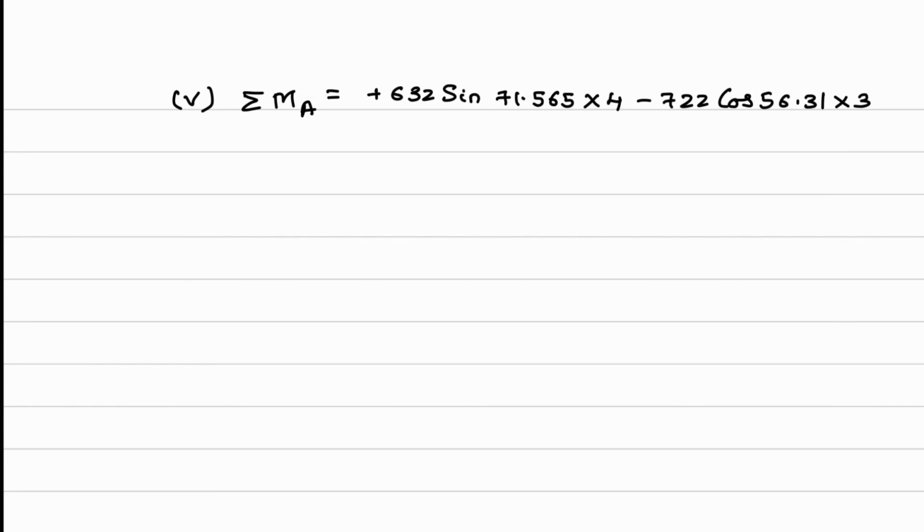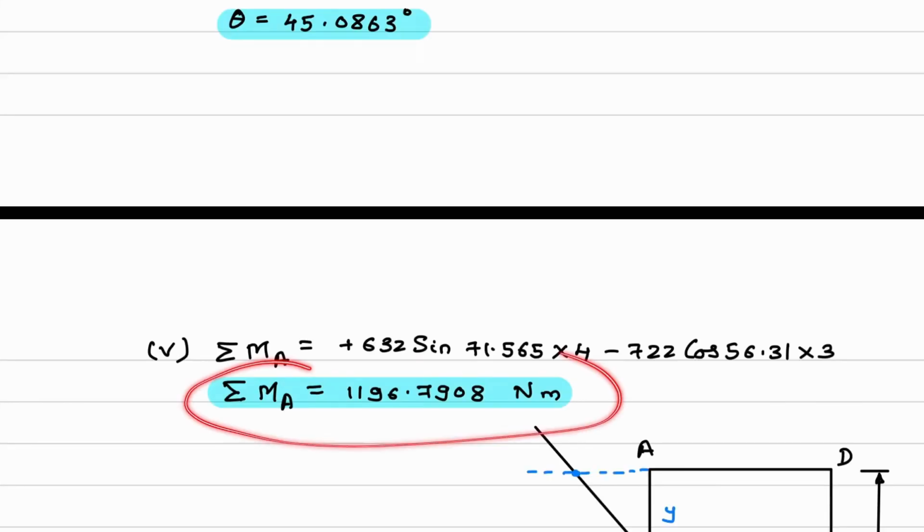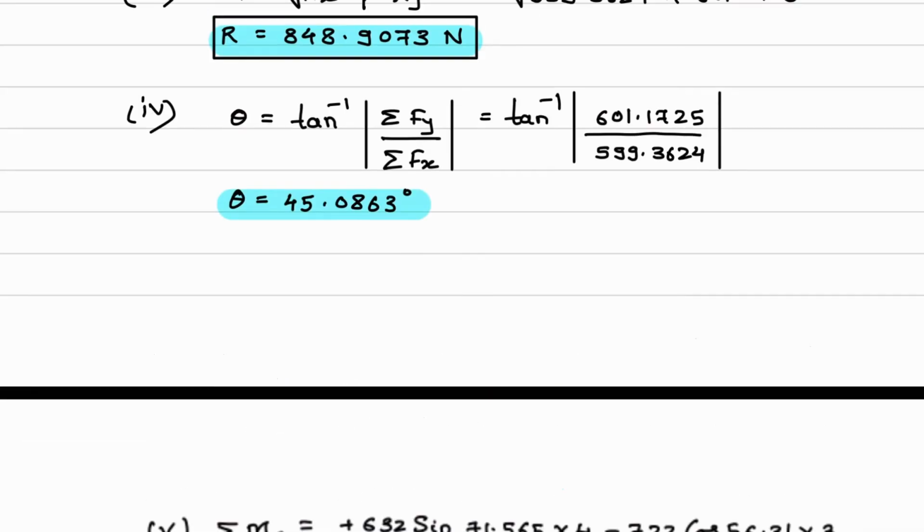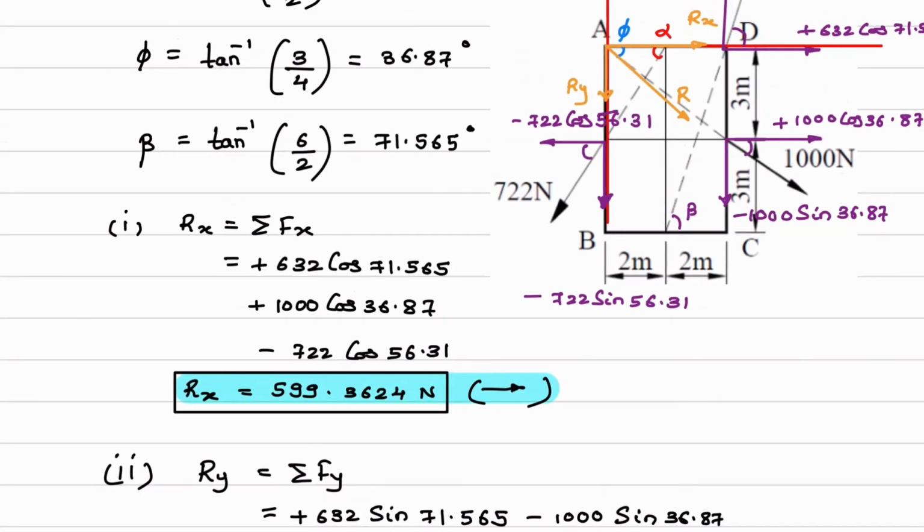So from here we can calculate the moment. So summation of moment is 1196.7908 Newton meter. So this is summation of moment about point A. Now after calculating summation of moment about A, we have to plot this on the main diagram, on the plate ABCD.